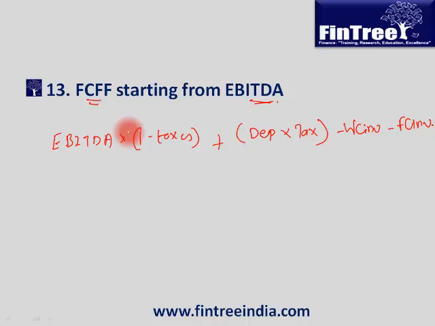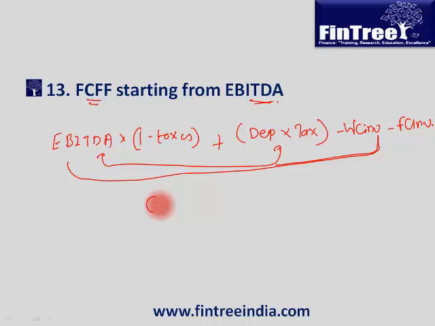You're also not taking the benefit of depreciation for tax deduction. Interest you should not be taking, but depreciation you should have. So we add back that depreciation separately: EBITDA times 1 minus T plus depreciation times tax rate. So we take the benefit of taxes on depreciation. And when we adjust this for working capital investment, what we get is CFO plus interest net of tax. Once we have these two, simply say minus fixed capital investment.